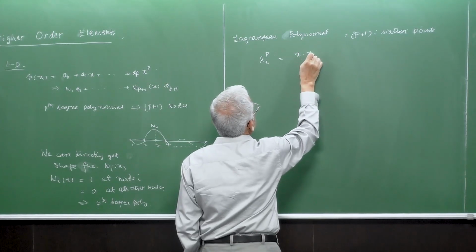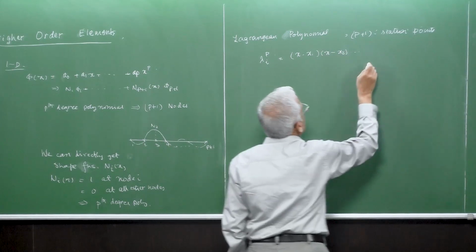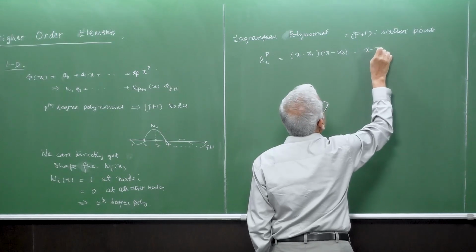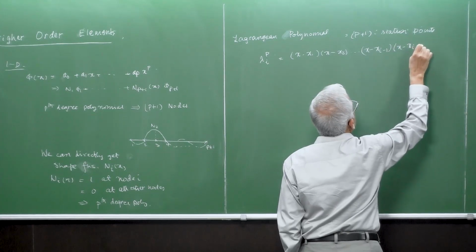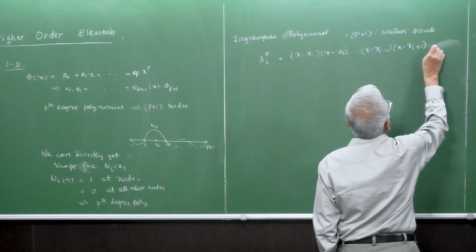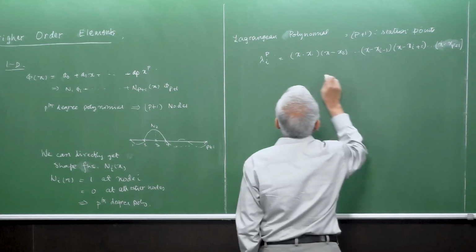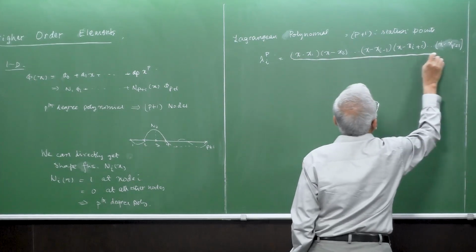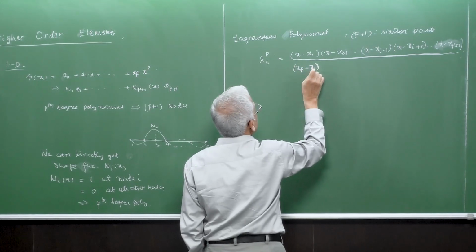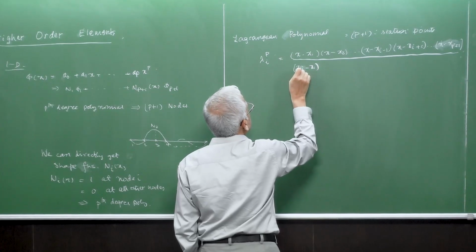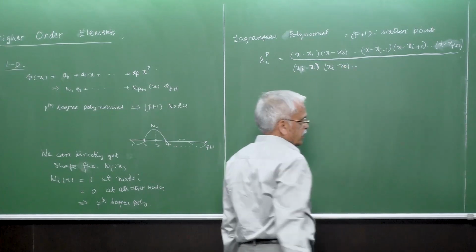So it is x minus x1, x minus x2, and x minus x(i minus 1), x minus x(i plus 1). So i is missing here. And x(p plus 1) minus x1, sorry, x i, like this.